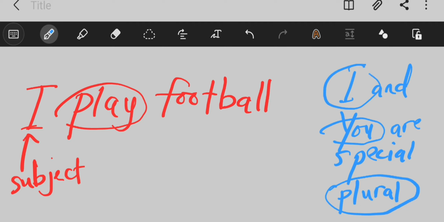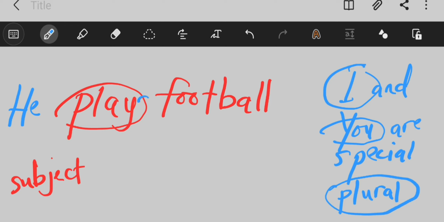I and you. For example, for you, you play football. Same here. You don't have to add an s. If it is another subject other than I or you, for example, as I've mentioned earlier, he is singular, but it is not a special case such as I or you.